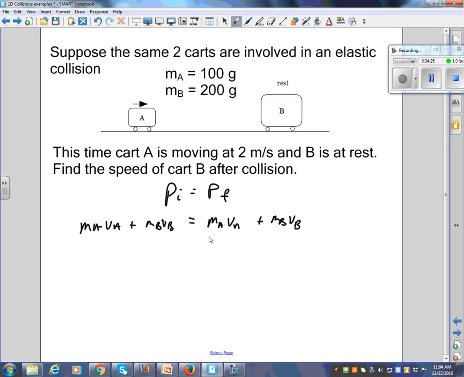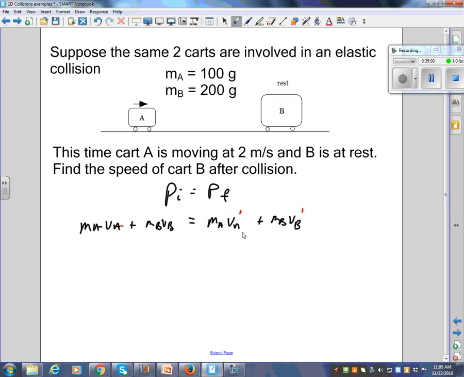Okay, so there are a multitude of ways. One, you could say 1 and 2. Don't write it down. You could say I and F, and so you get another subscript, VAF, VAI. Professors love that kind of stuff. Here's what I like to do. You put a little apostrophe there and you call it prime. And all it does is it indicates after collision. I like it because it removes the subscript and it's a little bit more visual.